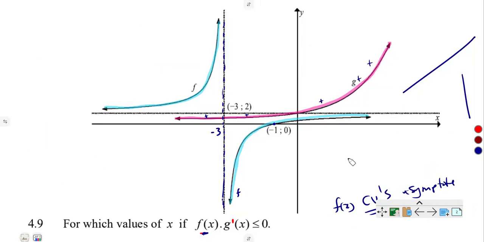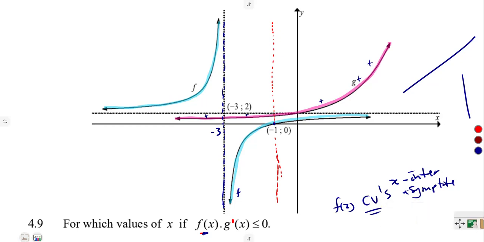So the x-intercept is supposed to be taken again as a critical value. It is there. So that is it, guys. Once you understand this, you are done. So at minus 1 there, we have got a critical value. So we are done.